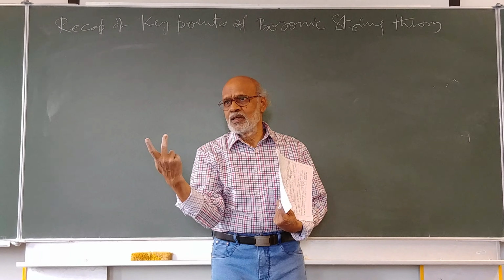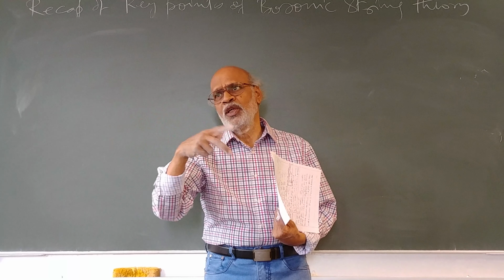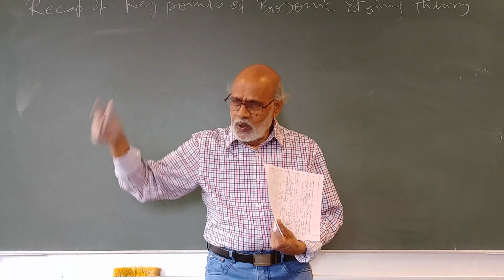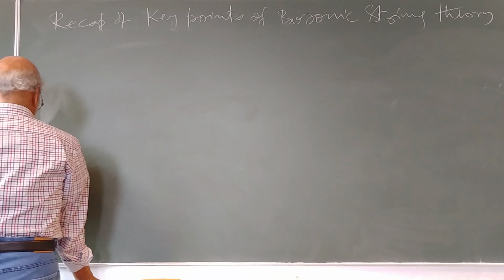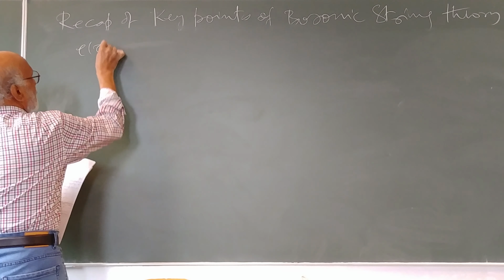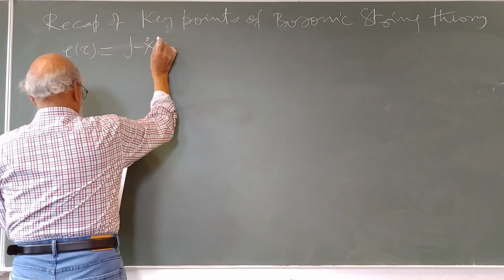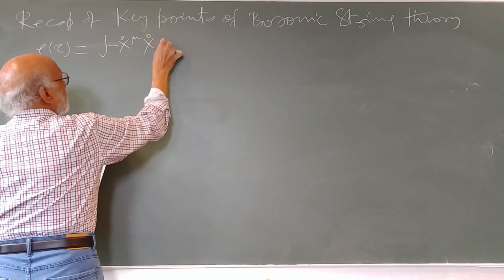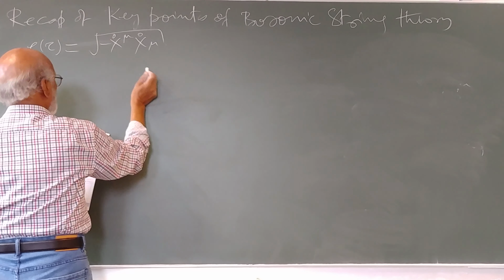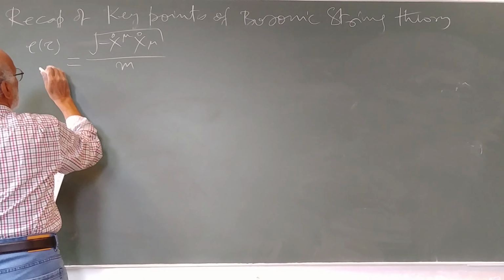There are two fields in the theory, e of tau and x mu of tau. We will obtain two Euler-Lagrange equations. I don't derive them, but I just write down: e of tau is the square root of x mu dot squared divided by m.